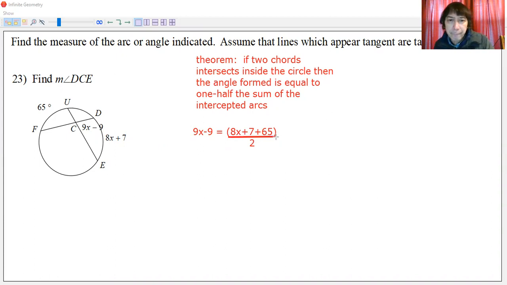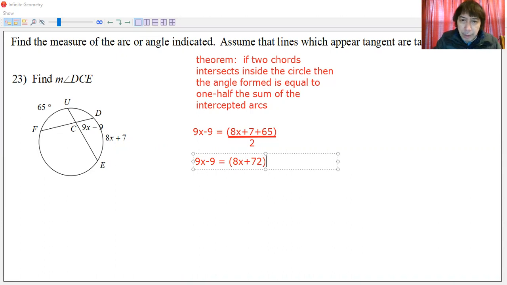Okay. So we shall simplify it. Left side is 9x minus 9. And we continue with 8x plus, how much is that? That's 72. 65 plus 7, that's 72.